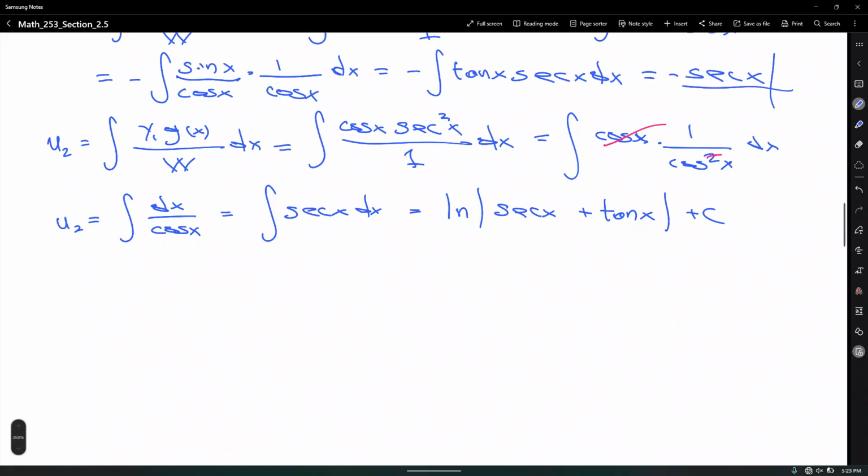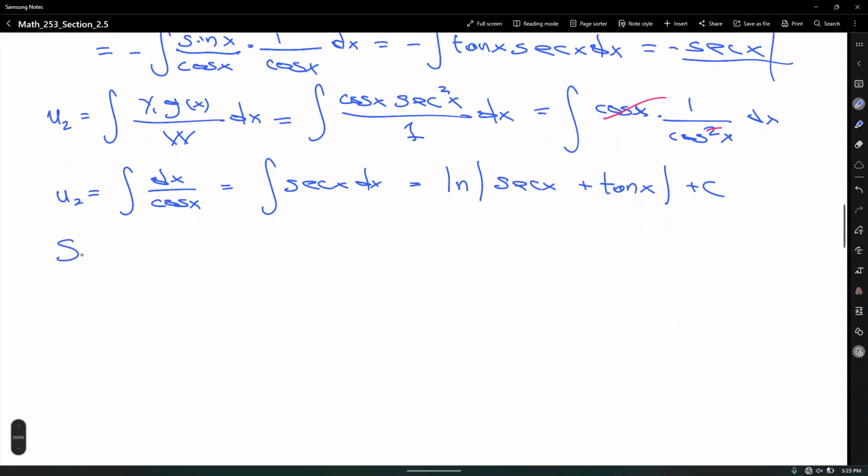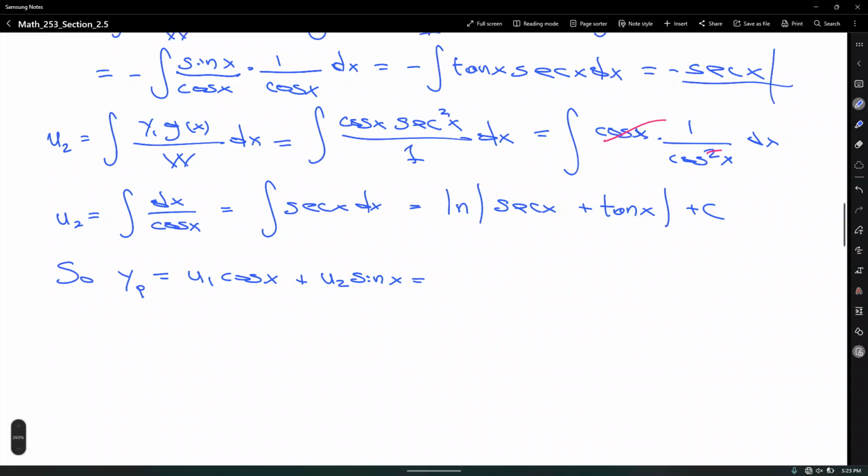What does that tell us? Back to y sub p, which we said was u1 cosine x plus u2 sine x. That is u1, which is negative secant x, times cosine x, plus u2, which is ln of absolute value of secant plus tangent, times sine x.